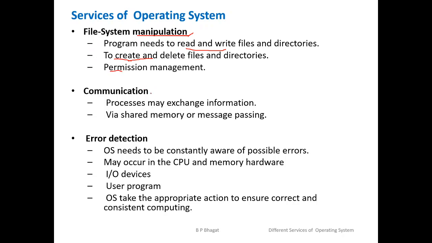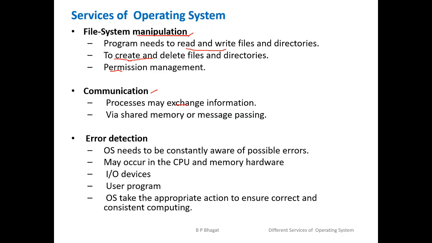Then another service provided by the operating system is communication. So processes may exchange information. One process needs to exchange information with another process, such that communication may occur between processes that are executing on the same computer, or between processes that are executing on different computers tied together by a computer network.